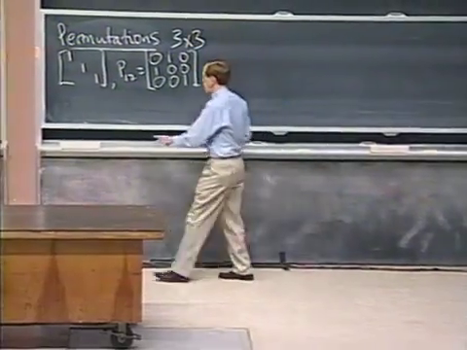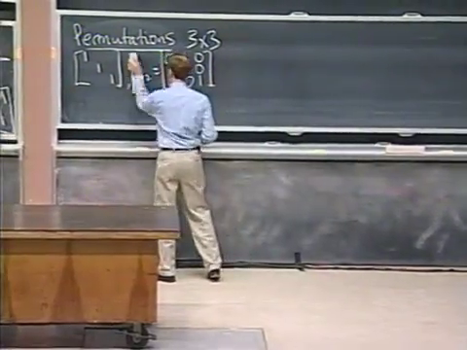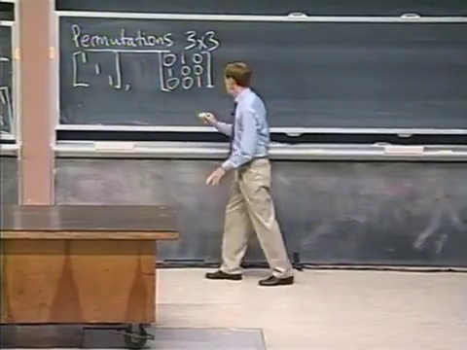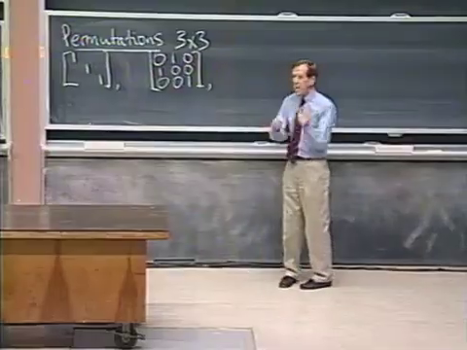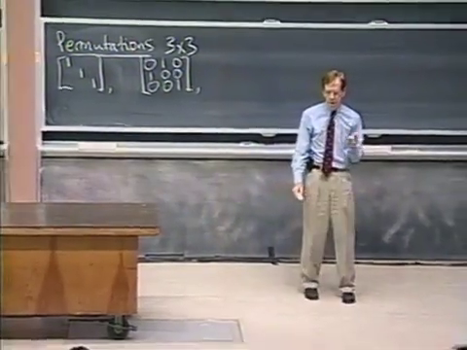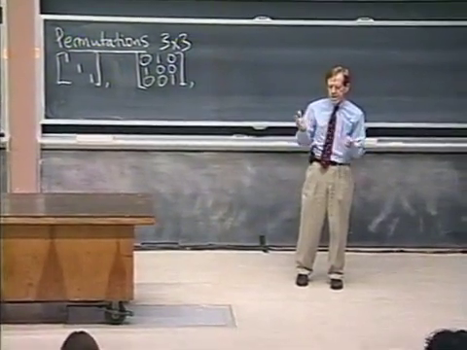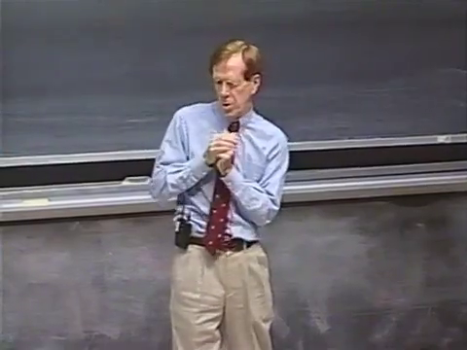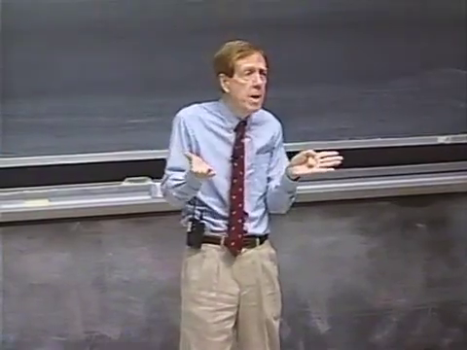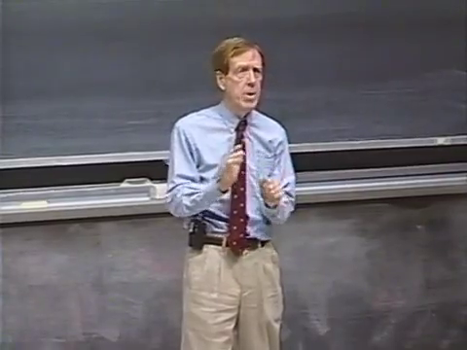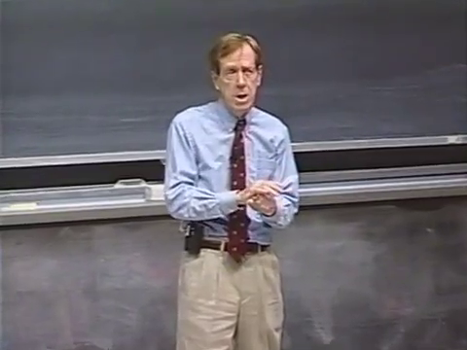Okay, give me a complete list of all the row exchange matrices. They're all the ways I can take the identity matrix and rearrange its rows. How many 3 by 3 permutation matrices will there be?